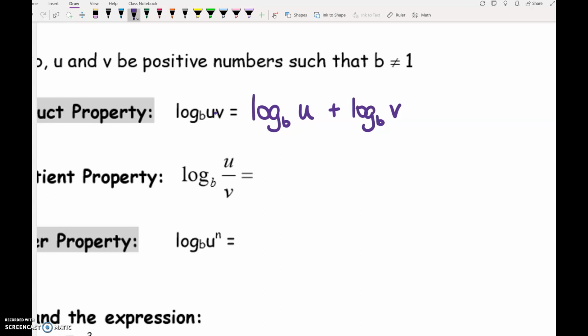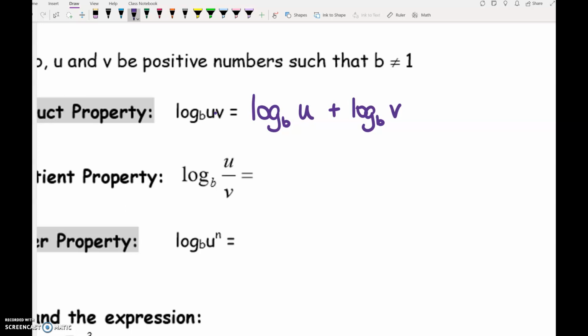Multiplication inside the log expands to addition between the logs. You use the same log with the same base for both things. You just take that u and v and split them up into their own logs and connect them with plus.